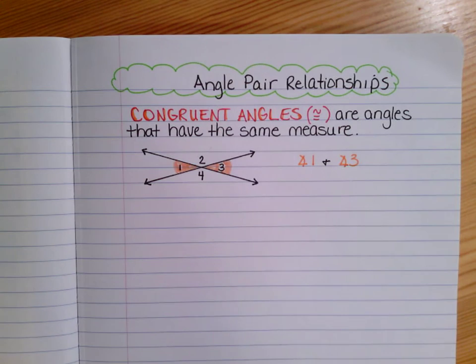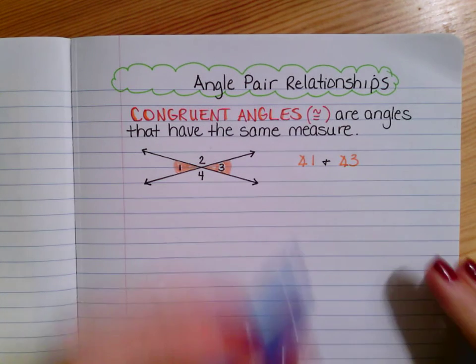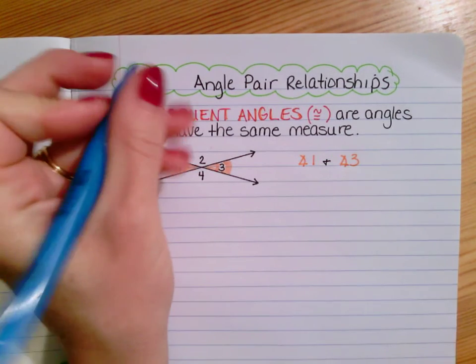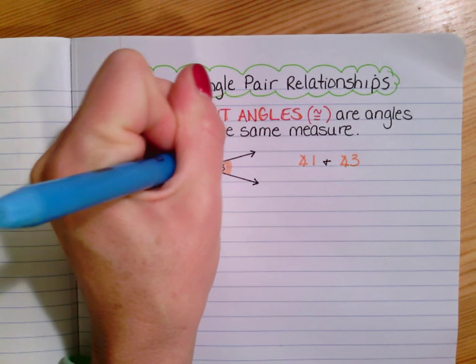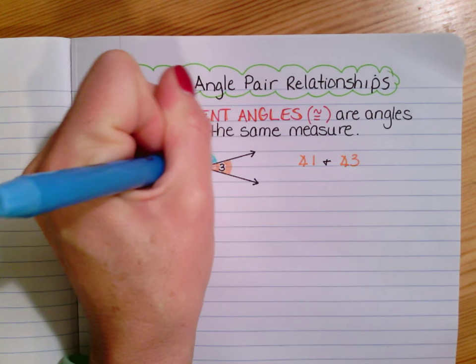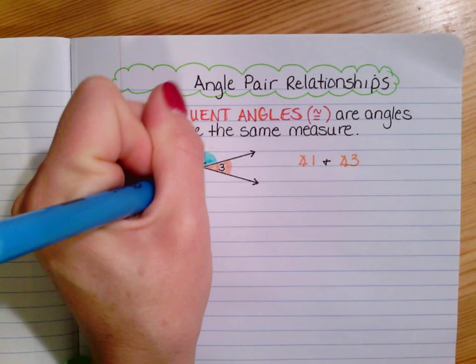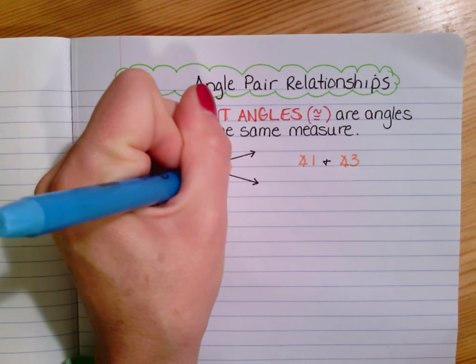And then let's also highlight the other pair, because when you have two intersecting lines, it forms two pairs of vertical angles. So angle 2 and angle 4 in this picture, those are also vertical angles.